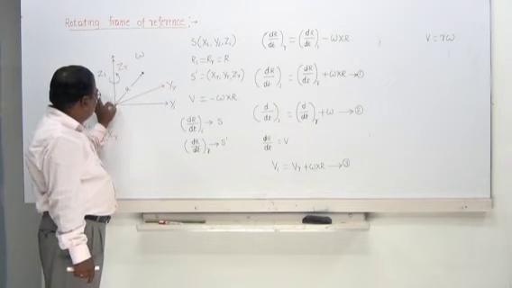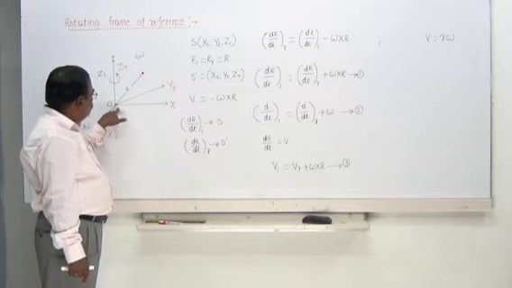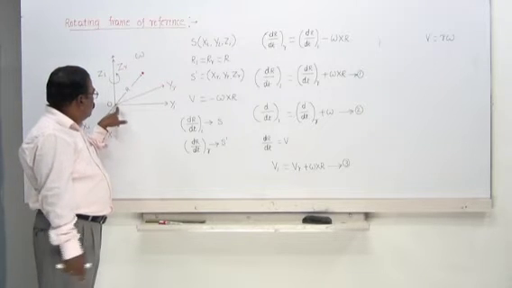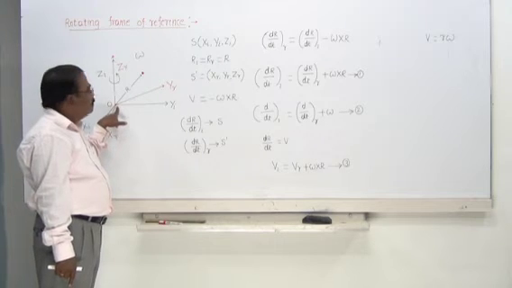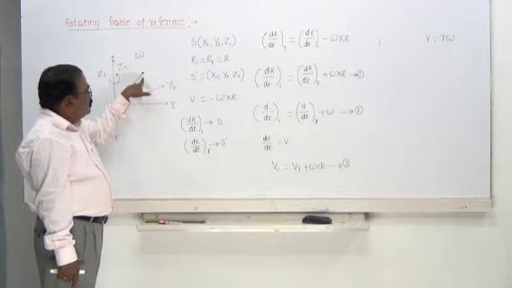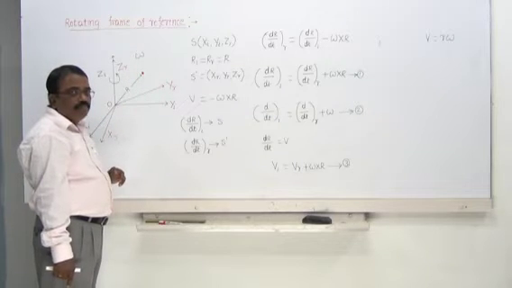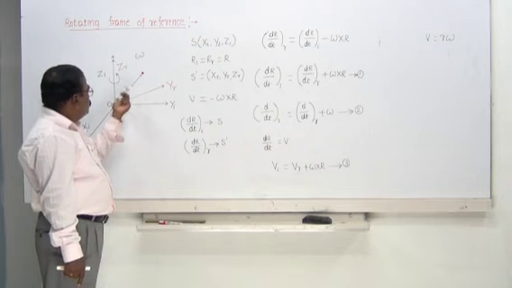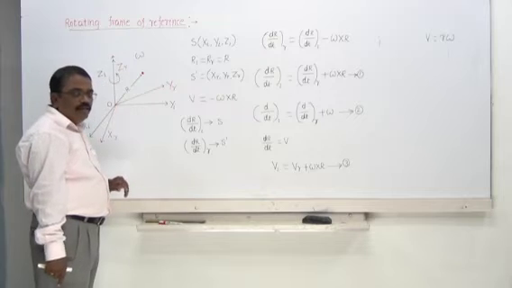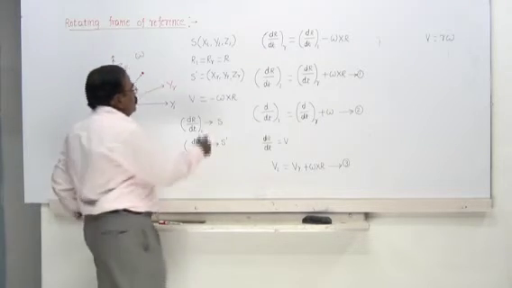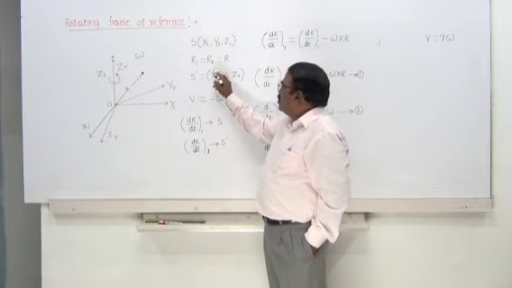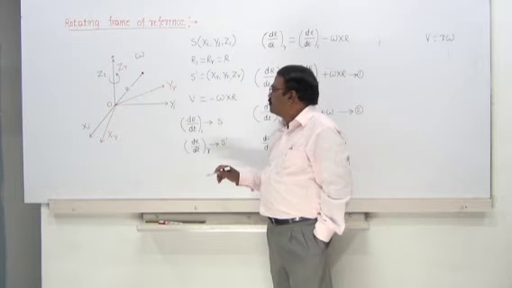For simplicity, we assume that the origins of both frames of reference are coinciding, and there is a particle of mass m in the S frame. Since the origins coincide, the position vector of the particle in both frames of reference is the same: Ri, Rr is equal to R.